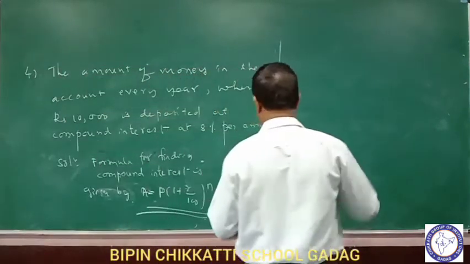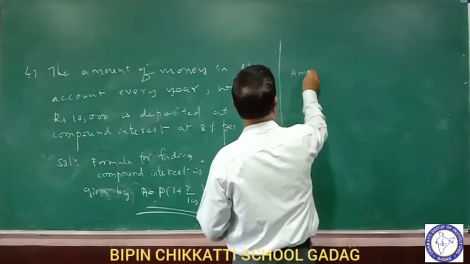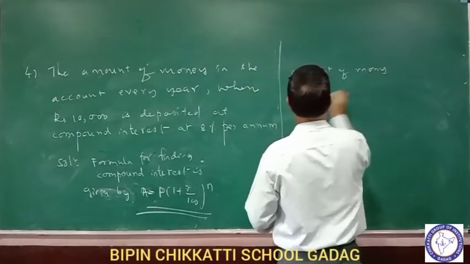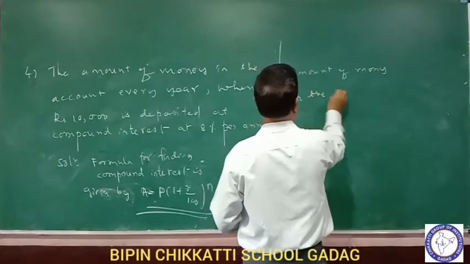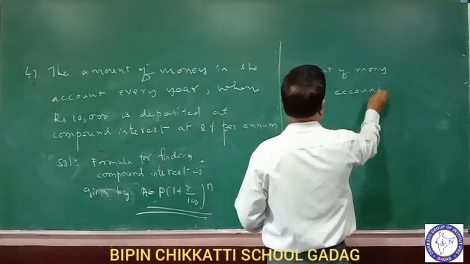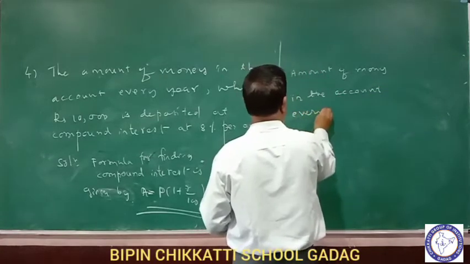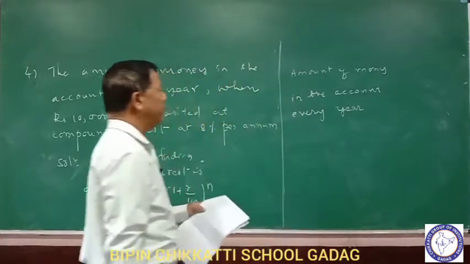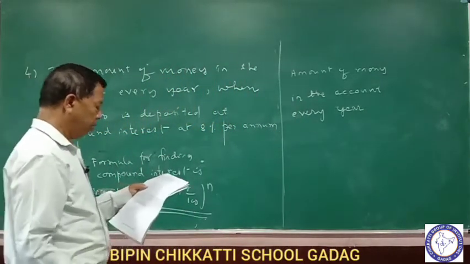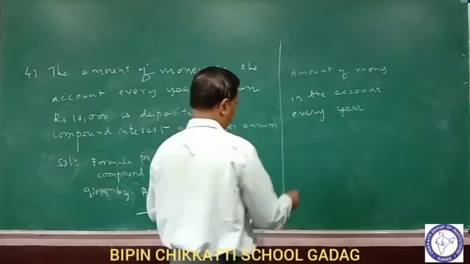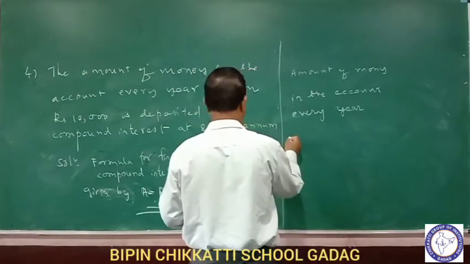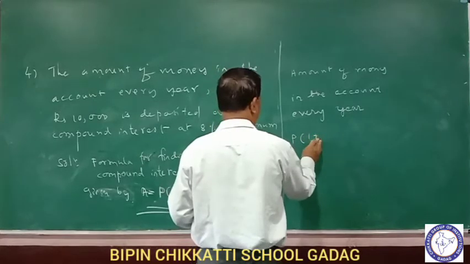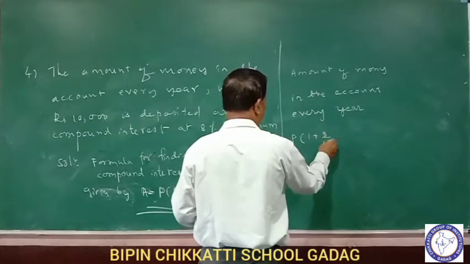So here you see directly the amount of money in the account every year, the numbers I am writing. First year, what happens? P into bracket 1 plus R, that is 8 by 100, raised to 1.